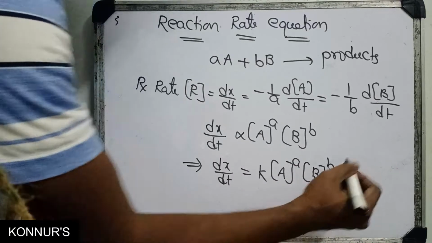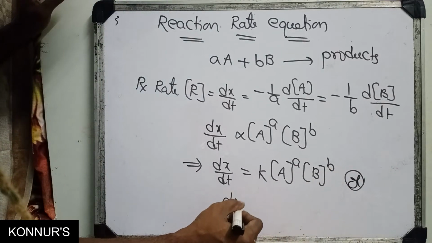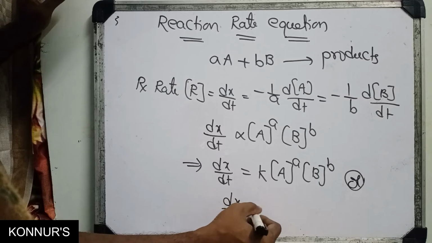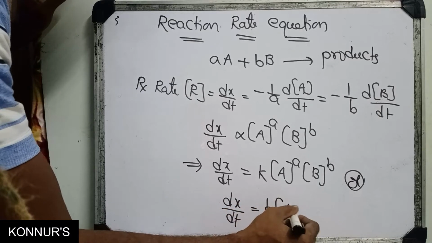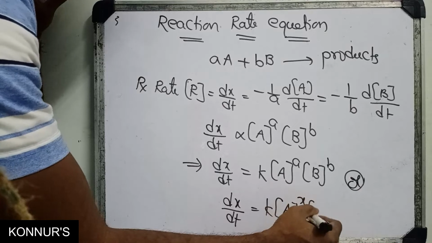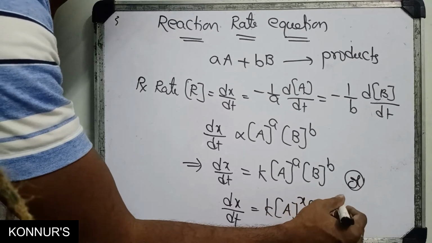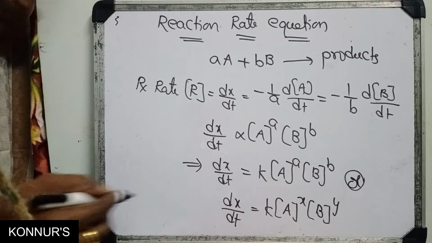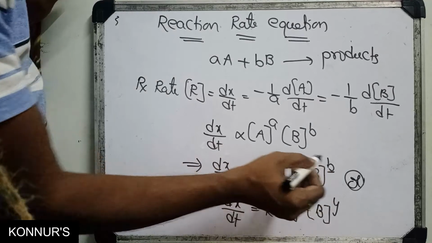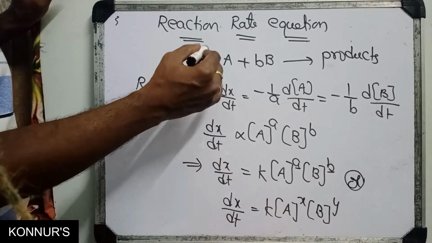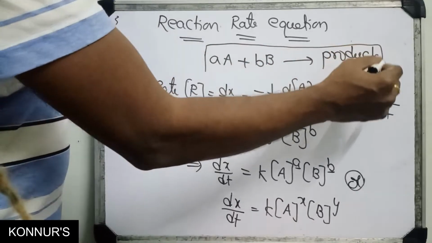So in some reactions, they can identify that dx by dt equals K into A power x, B power y also. So what are a and b? They are the balanced equation coefficients.